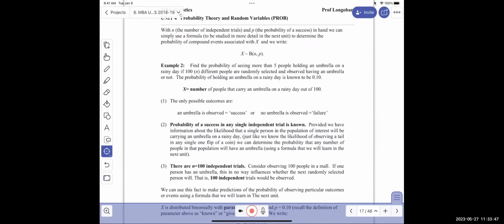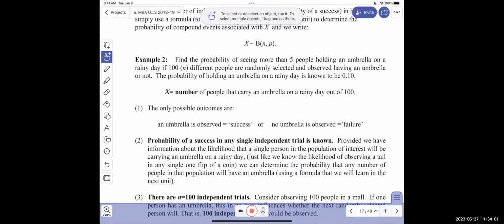They're characteristics that describe the distribution and help us in making estimates of what to expect. So we write X distributed, remember this? We did this for the normal and the standard normal. X distributed binomial with N and P. N is the number of trials, and P is the chance of a success on any independent trial.